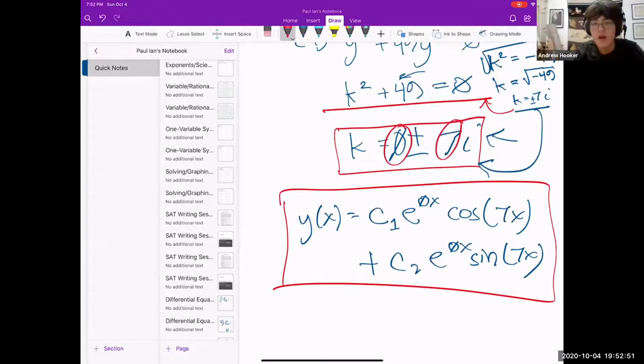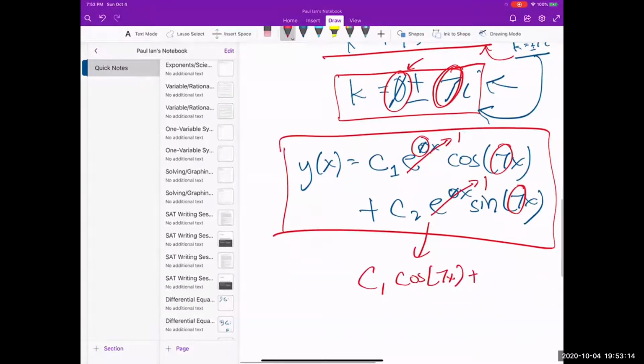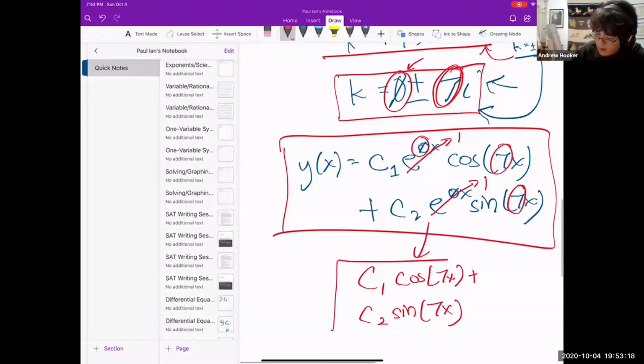The general solution is whatever is in front of this guy, you put it on the exponential, and whatever this number is, you put it in the trigonometric functions. Since e to the 0 is 1, you just ignore it. That's why the answer is C1 cosine 7x. That's the reason why. Okay, that makes sense.